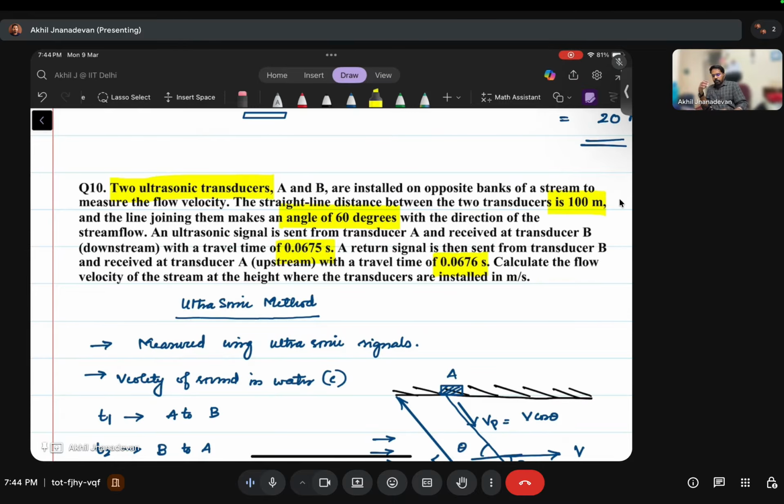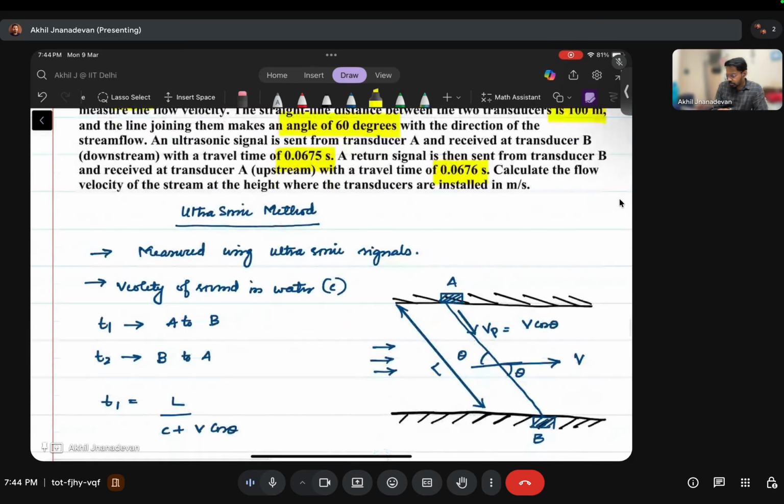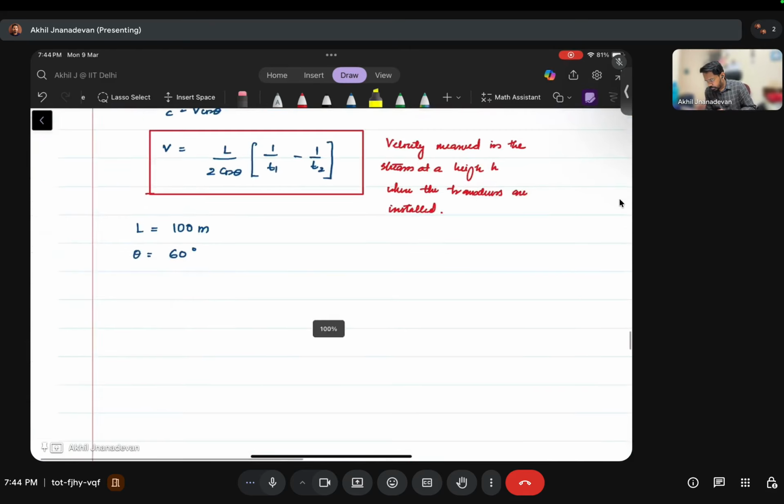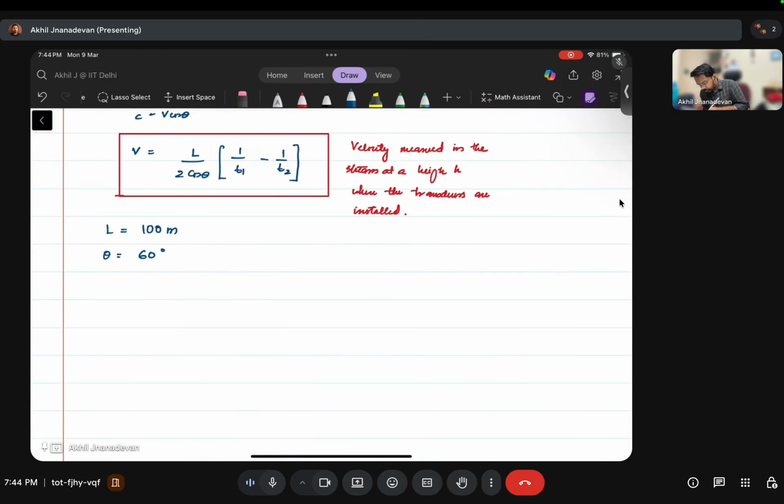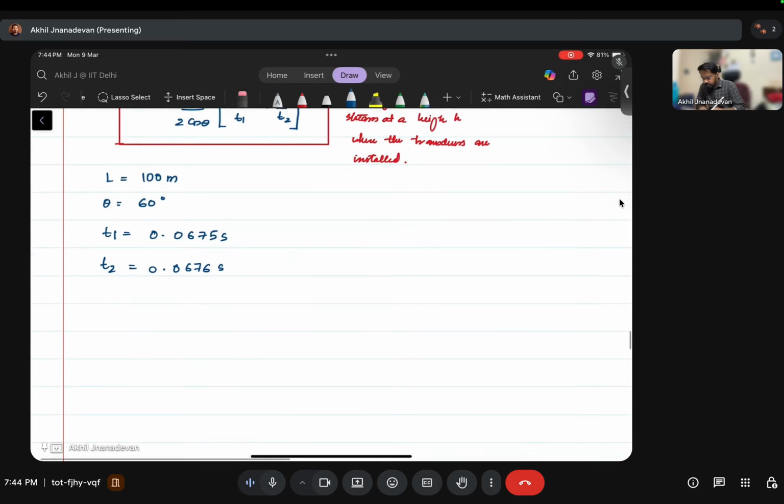Calculate the stream fluid velocity at the height where the transducer is installed, in meter per second. So T1 is 0.0675 seconds and T2 is 0.0676 seconds. Okay, now it is straightforward, just substitution.